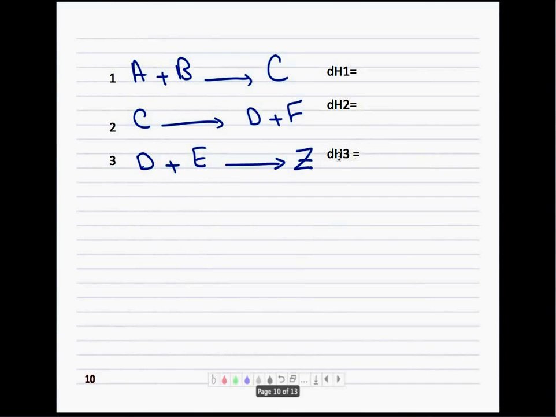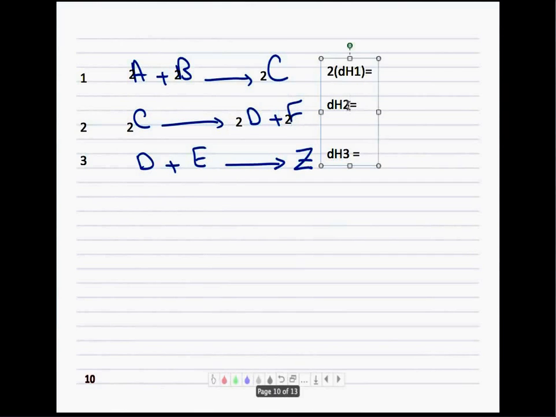Let's say I wanted to multiply the first reaction by 2. So I multiply it by 2, and the delta H is now going to be 2 delta H1. And I'm going to multiply the second by 2 also. I'll tell you in a minute why I'm doing that.